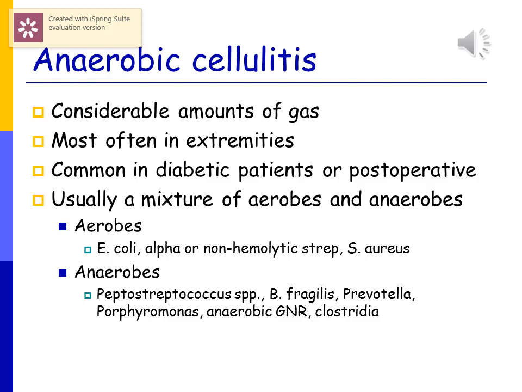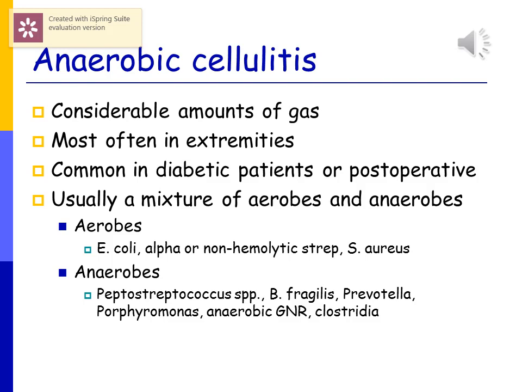Anaerobic cellulitis, when you see this type of infection, you usually will see a lot of gas in the tissues. This is more common in the extremities, in the lower legs, in the arms, and the fingers. It's common in diabetic patients or post-op patients, and usually anaerobic cellulitis is a mixture of both aerobes and anaerobes.